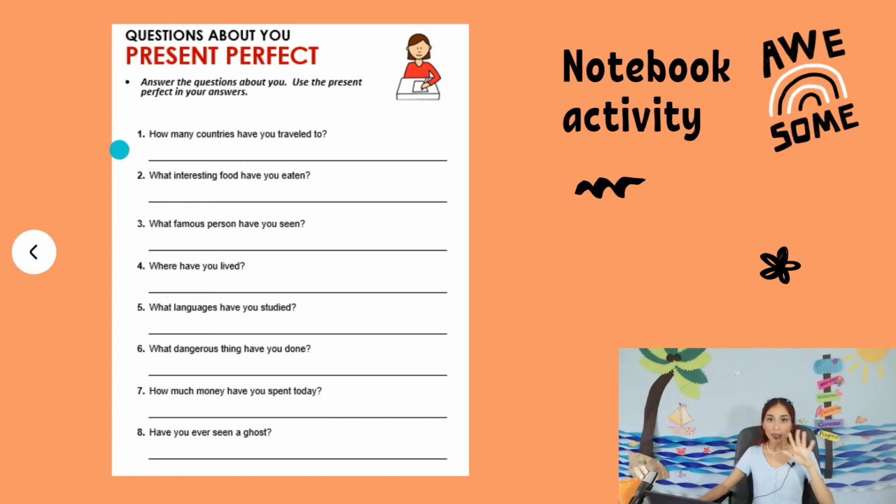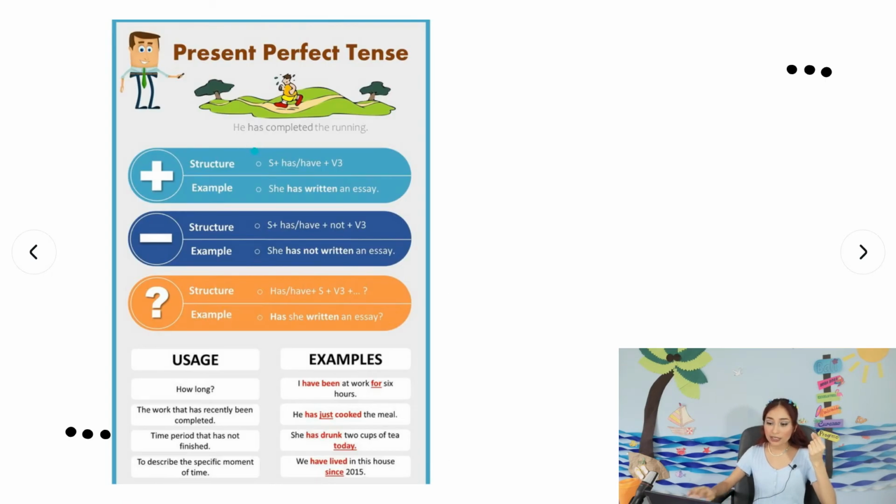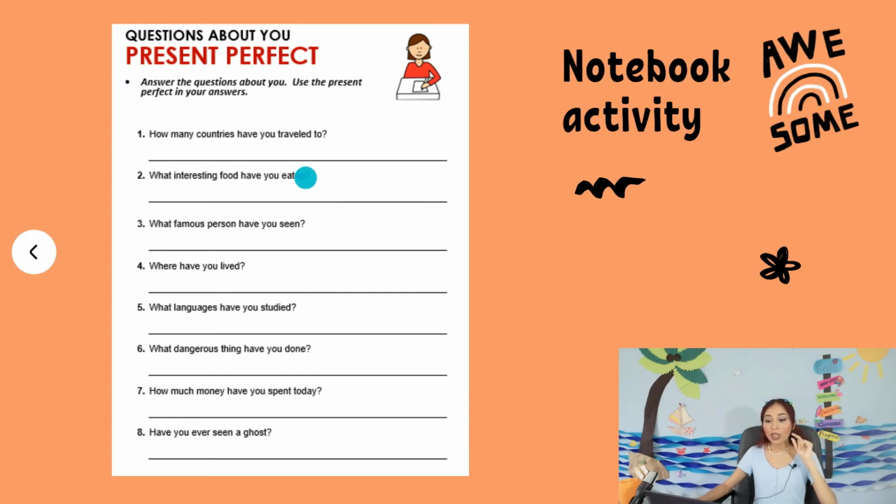I'm going to answer a few just as an example. Number 1, how many countries have you traveled to? We are going to answer using the positive structure. We need to start with the subject, and all must be with I because we're going to answer about ourselves.